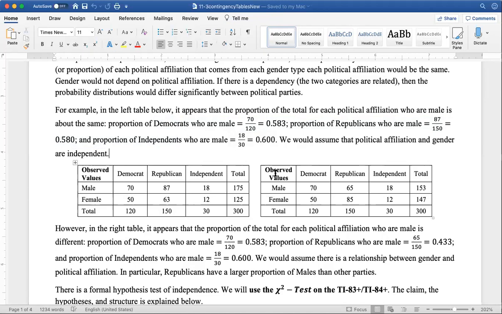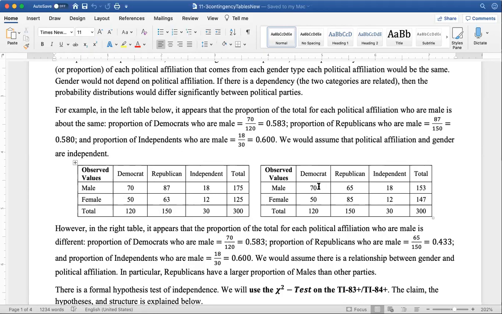Now, if we have this situation where we have 300 people, and again, we have 70 Democratic males, 50 Democratic females, but we have 65 Republican males and 85 Republican females, and independents are 18 male and 12 female. We see that the Republican numbers are changed from the previous table.